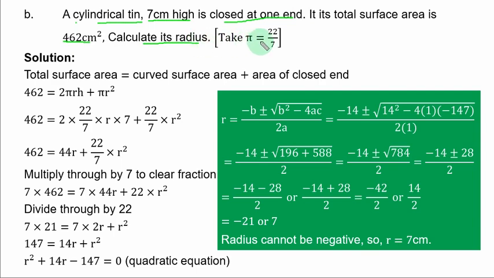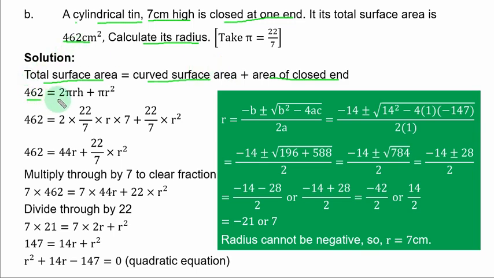Take pi as 22/7. Total surface area of the tin is curved surface area plus area of closed end. If the two ends are closed, you multiply the area of closed end by 2, but only one end is closed.